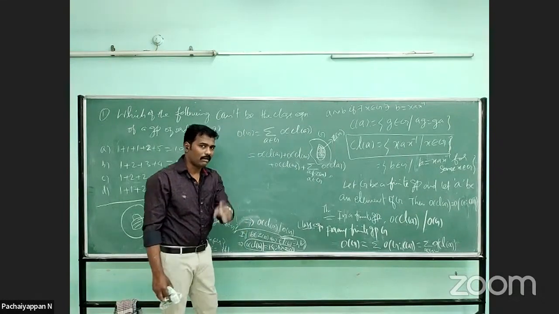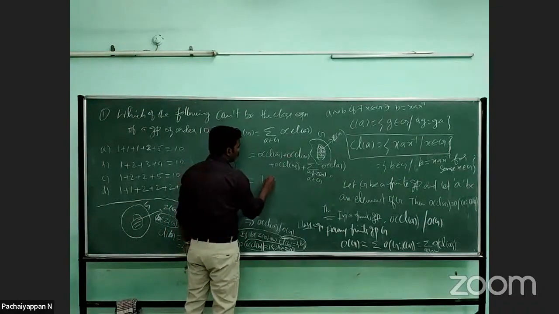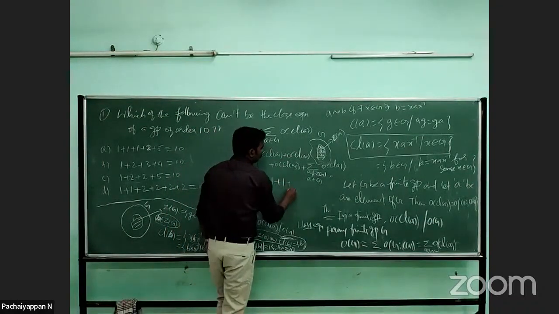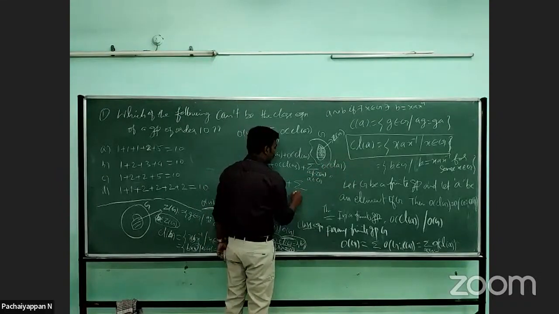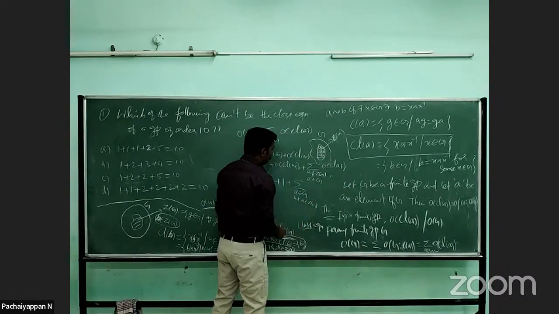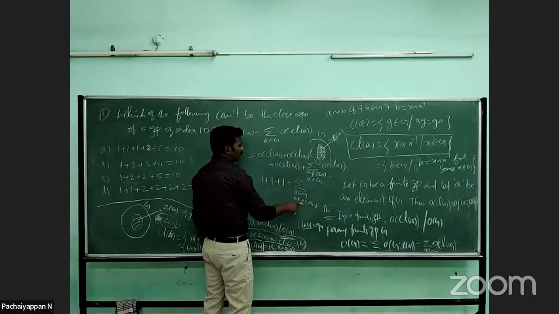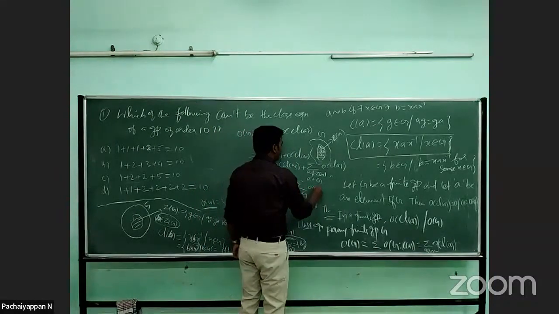Very good. So now this equation becomes 1 plus 1 plus 1 plus, again, we don't know the remaining classes of A, for an element in G but A does not belong to the center of G. Why? Already the center elements we are counting, so we are avoiding overlapping.